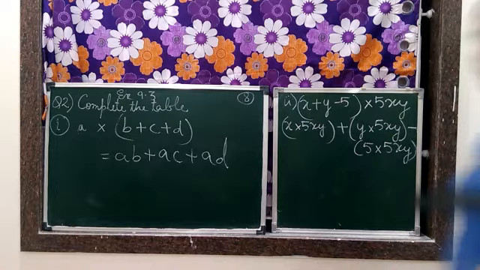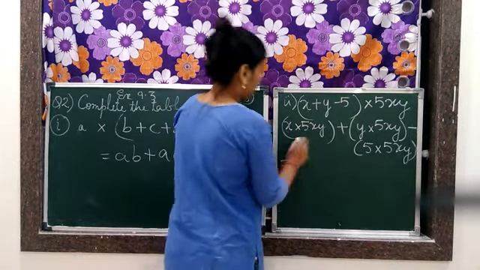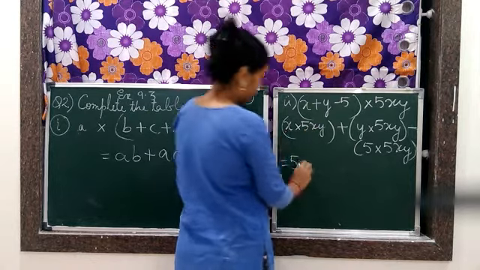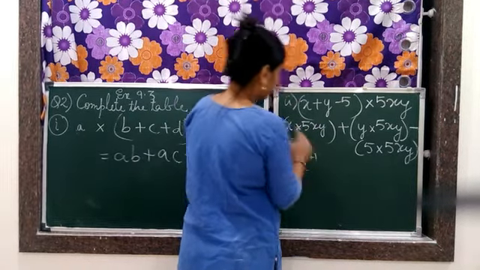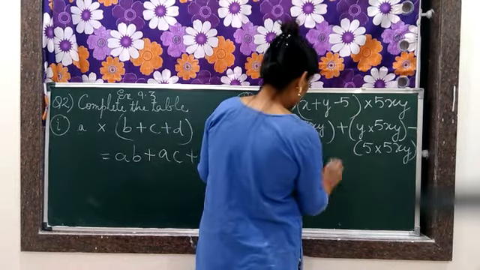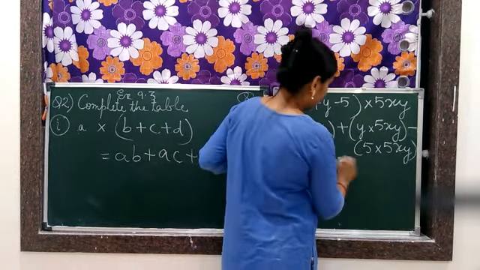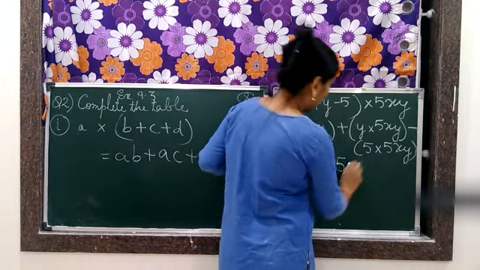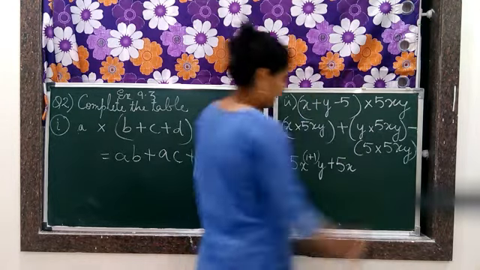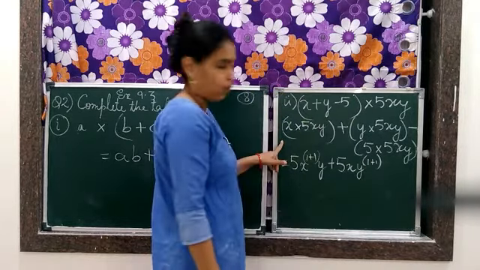So first we multiply the constants. What is the constant here? 5 ones are 5. Then is any variable common? Yes, x is common, so the powers will be added. Nothing is written means 1, and then y. Plus 5 ones are 5. Powers of y will be added, x will be written as it is. Nothing is written on the top of y means it's 1.